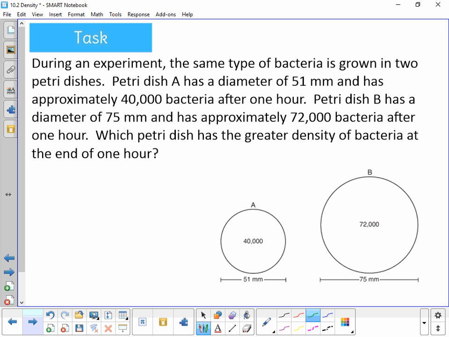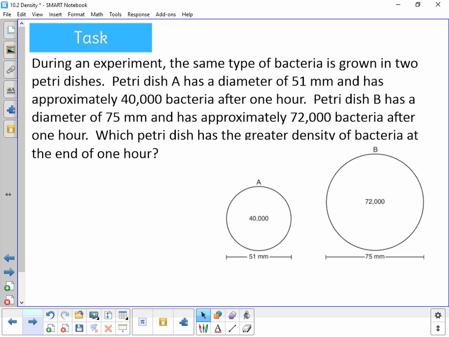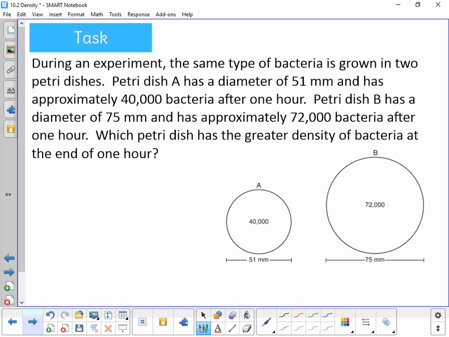So we've got to figure out these two densities, and then we can decide which one has the greater density. Let's look at Petri dish A. So it looks like we're going to have to figure out the area of these dishes. Well, the area of a circle is pi r squared. So we need to know the radius of this circle, and the diameter is 51.